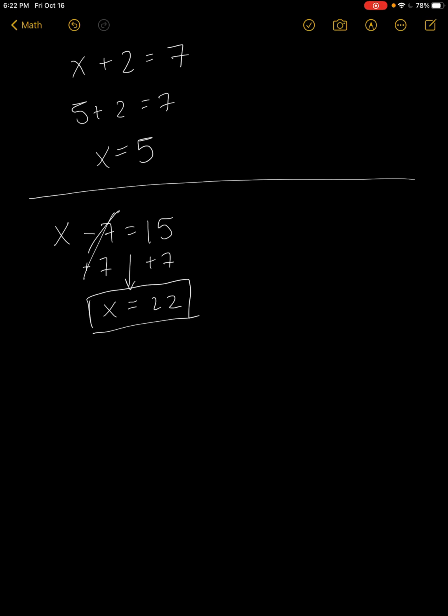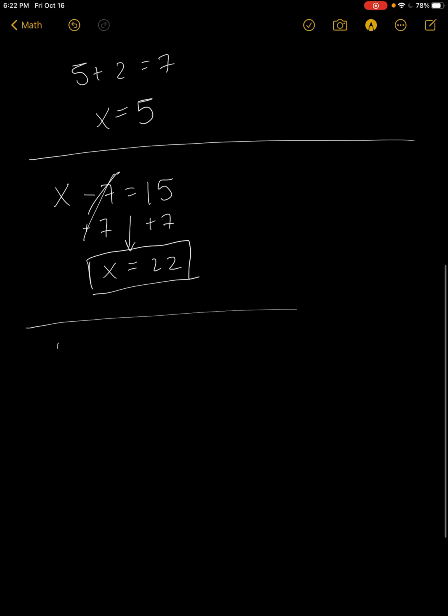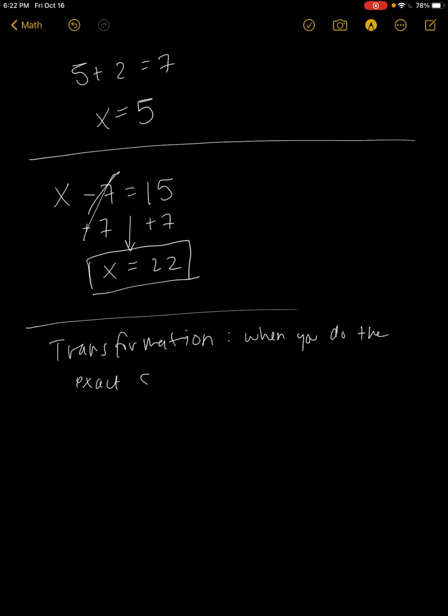Okay, so what we just did is called a transformation. And I'm going to break it down really simply. A transformation is when you do the exact same operation on both sides of an equation.